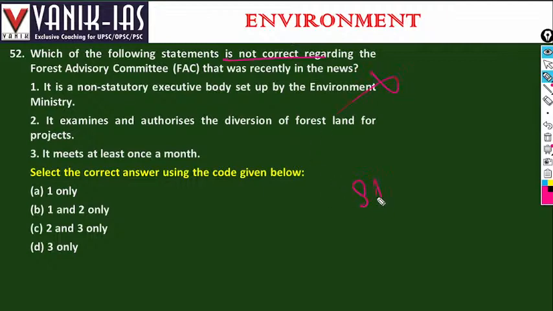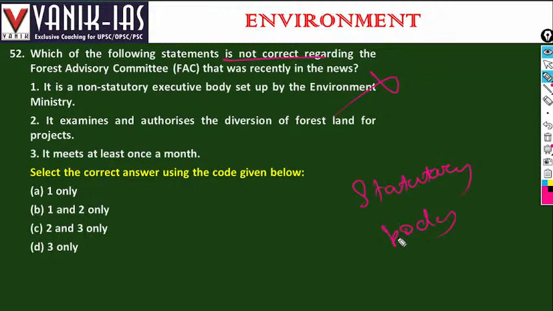It's a statutory executive body under the Ministry of Environment. It examines and authorizes diversion of forest land for projects. They have to consider the questions on diversion of forest land for non-forest use.